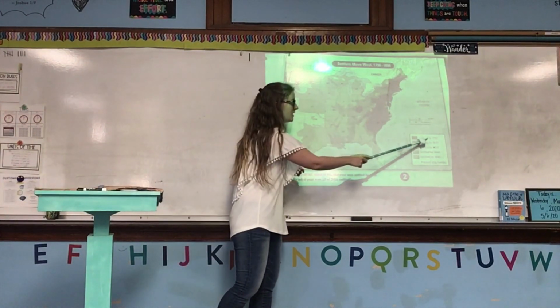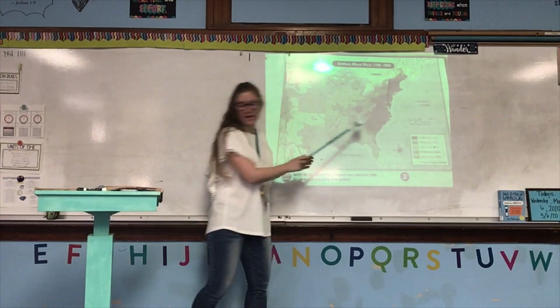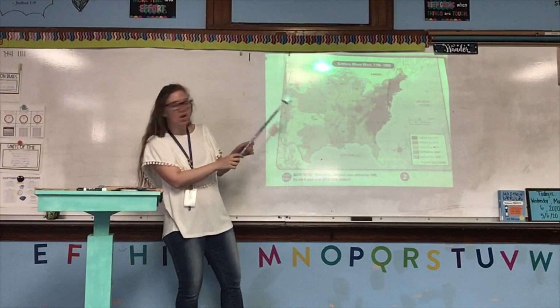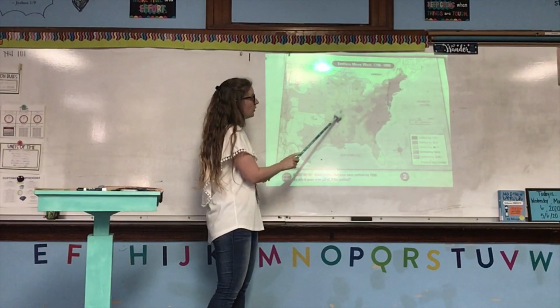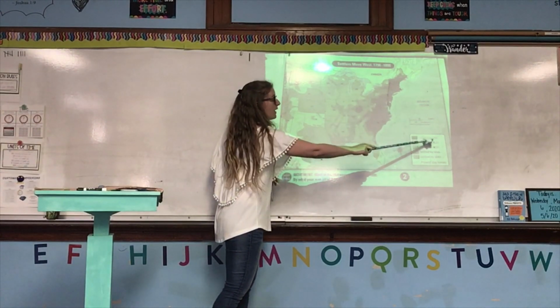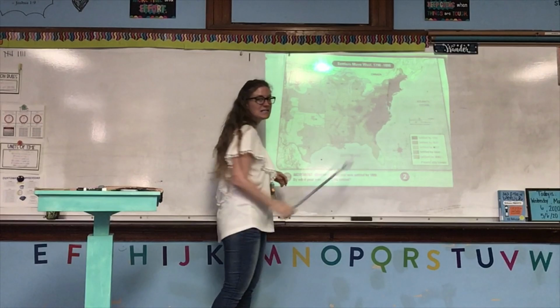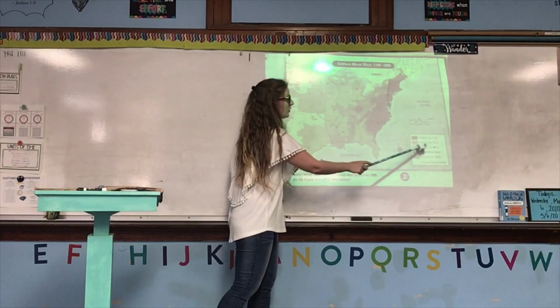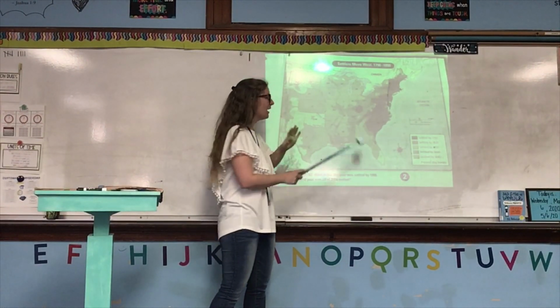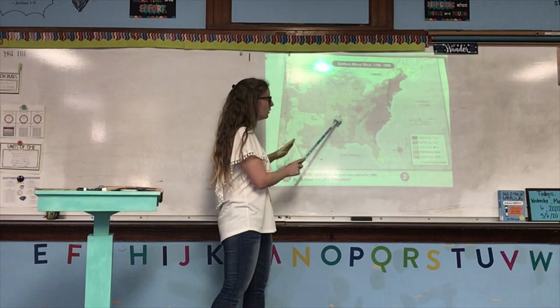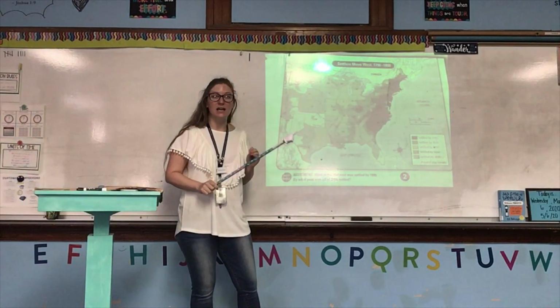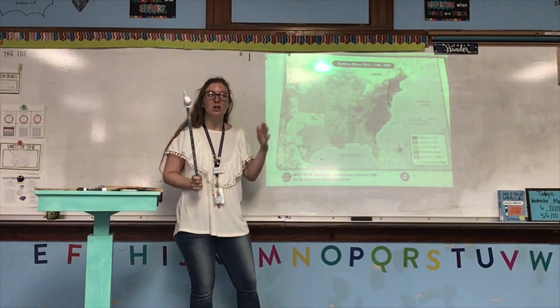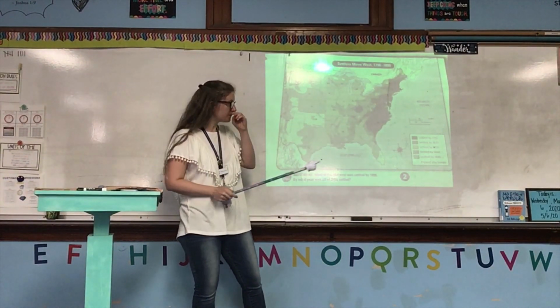Then, between 1790 and 1820, the darker orange was then settled. So all of this darker orange became settled between 1790 and 1820. When it says settled by 1820, that means the borders of the orange were not settled yet in the year 1820, but everything that is orange was.